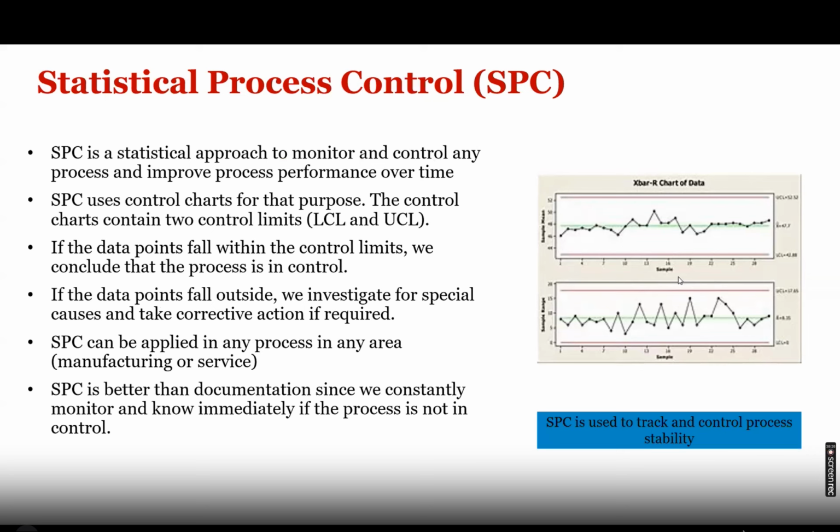The third area of control methods is statistical process control. Statistical process control basically includes plotting control charts with the help of two components, upper control limit and lower control limit, UCL and LCL. UCL and LCL come out of the improved data that you have after your improve phase.